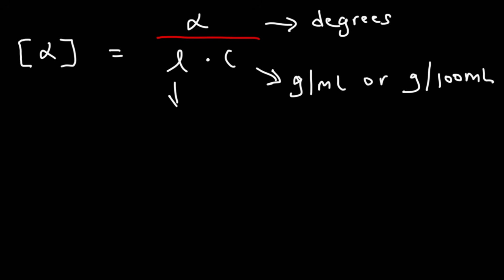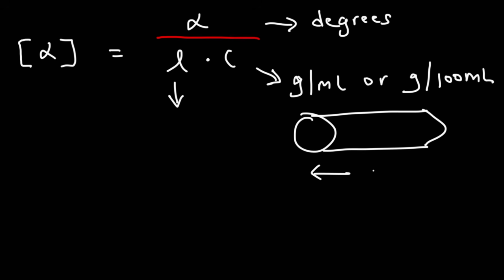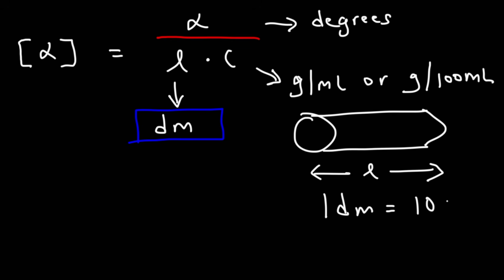L is the length of the sample tube. Earlier we drew the sample tube like this. So L is the path length, or the length of the sample tube. That's how far light has to travel through the achiral or the chiral molecules. The length of the sample tube is measured in decimeters, so you want to make sure your unit is in decimeters. 1 decimeter is equal to 10 centimeters, and 1 centimeter is 10 millimeters.